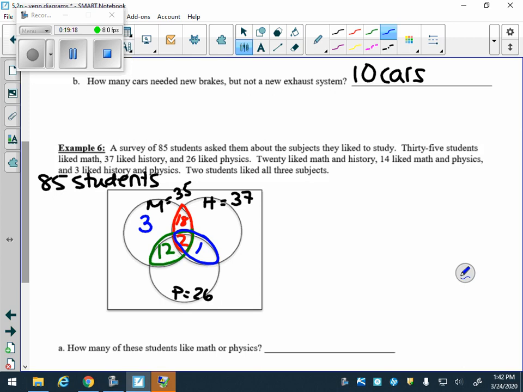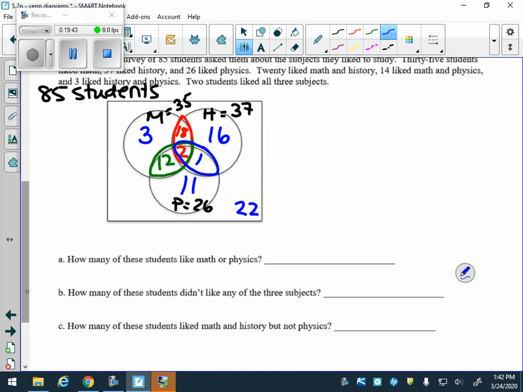So how many only liked history? We should have gotten 16. How many only liked physics? It's 11. But remember, the whole Venn diagram has to equal 85. So when you add these all together, you have some students that do not like all 3, which is 22.